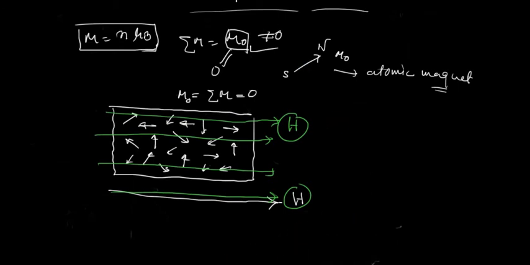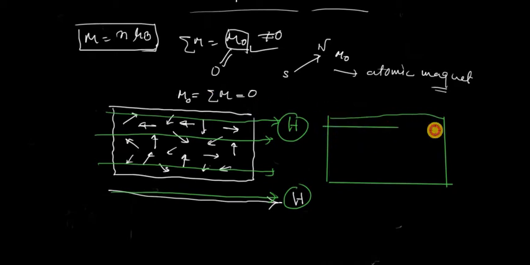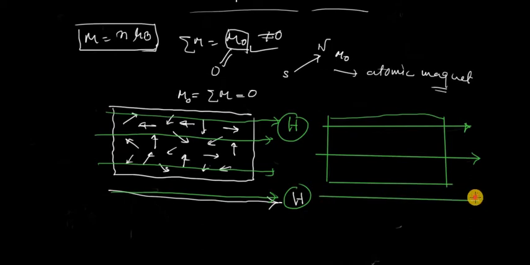So when the sample becomes fully magnetized, how does this atomic magnet alignment look? This is your original external magnetic field.